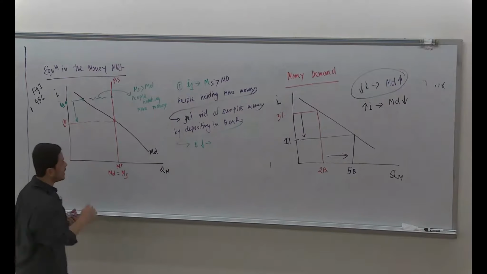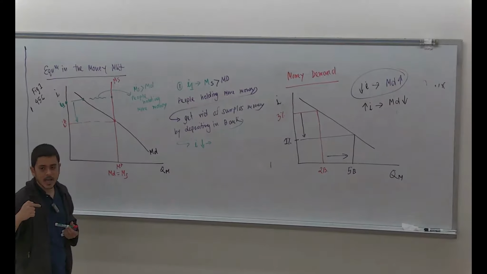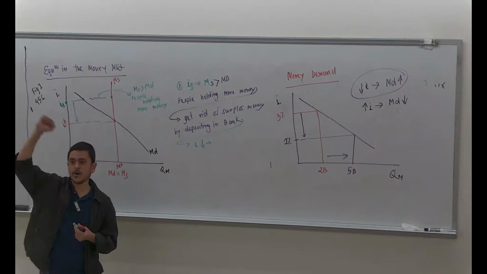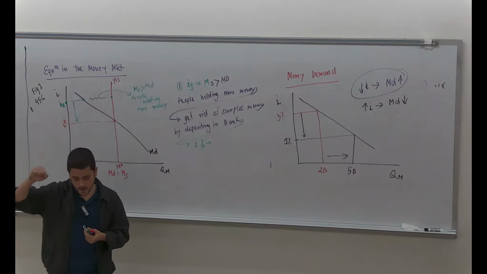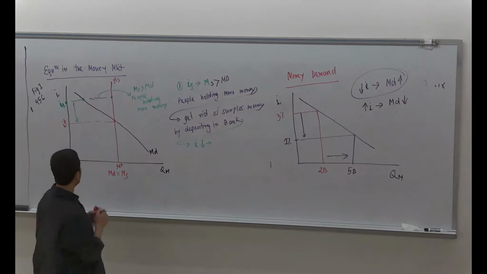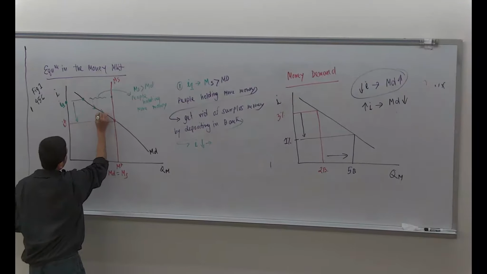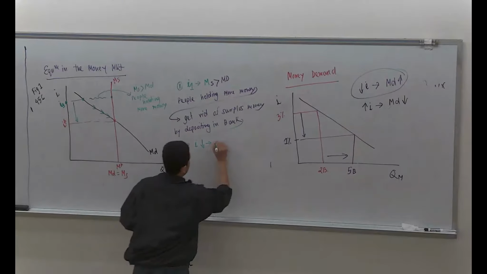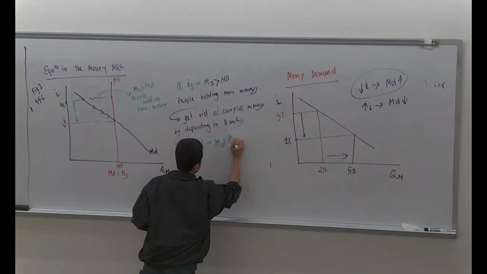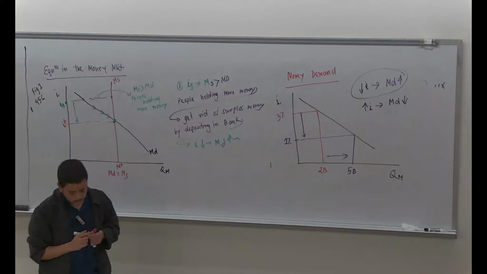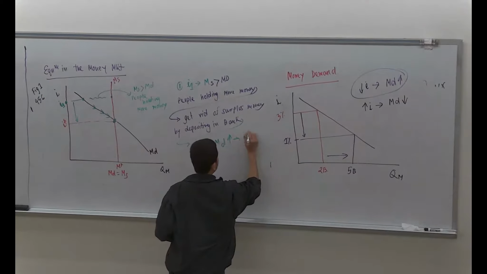And when the interest rate starts falling, people say, now the interest rate is low, I don't want to keep the money in the bank, I want to hold it in my hand. I want to demand more money. So the interest rate is falling, money demand is increasing, and finally we reach equilibrium, I star.